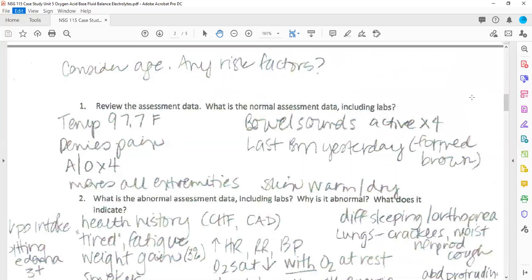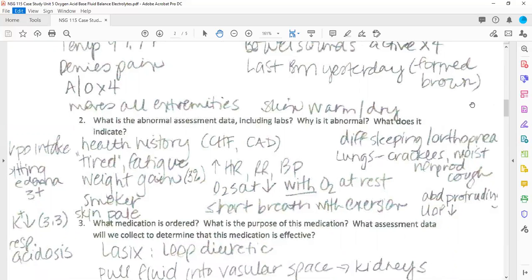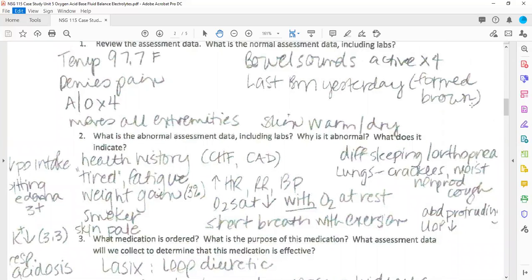So let's review the assessment data. Those are all the things there that we said were normal, including our labs. I don't think I wrote labs there, but we talked about them on that front page. And then what's abnormal? I made some extra notes here. Everything from his low PO intake to his pitting edema, low potassium, respiratory acidosis, his health history, so CHF, coronary artery disease, he's tired, he's fatigued, his weight gain, he's a smoker, his skin was pale, increased heart rate, respiratory rate, blood pressure, he's working really hard, O2 status decreased, even with O2 and at rest.